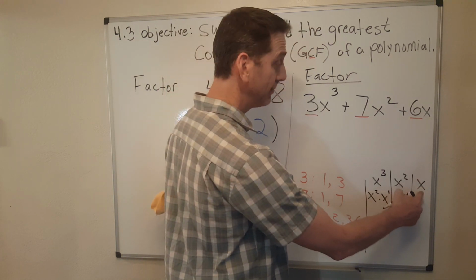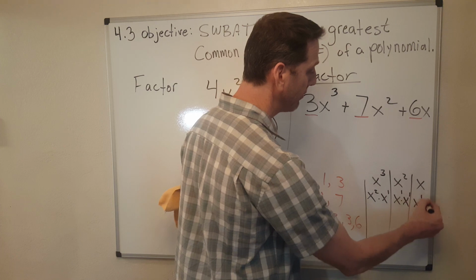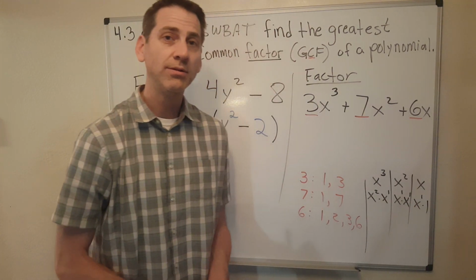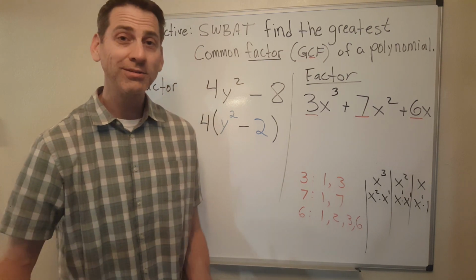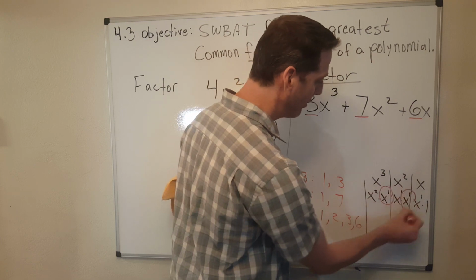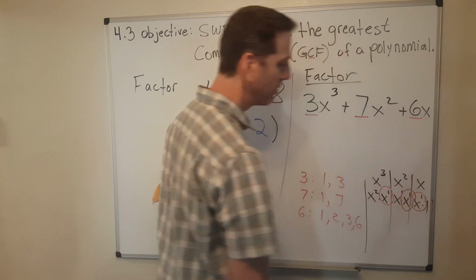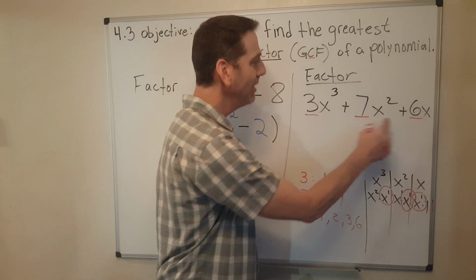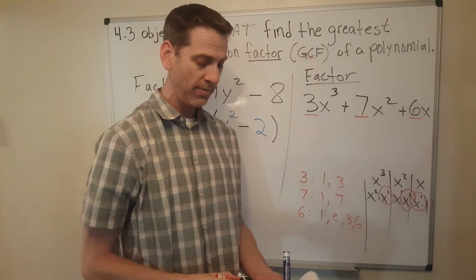And x to the first, I could just factor as x to the first times 1. So what's the greatest common factor? Well, it's just the smallest degree term, in this case, x to the first power. All right? So I can pull out an x because each term has an x in common.